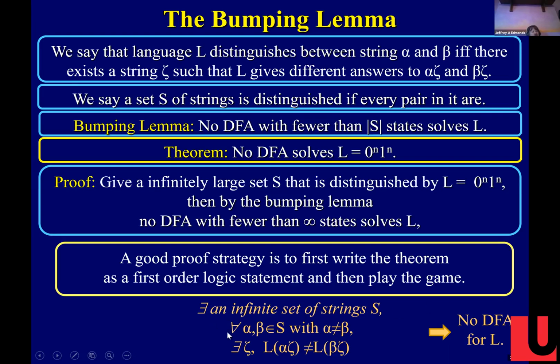Then I went back to the oracle and gave it alpha and beta, and the oracle gave me a zeta. Does that make sense? We just gave you, people who are taking 1090, another example of an oracle proof.